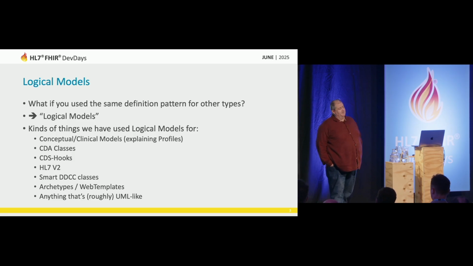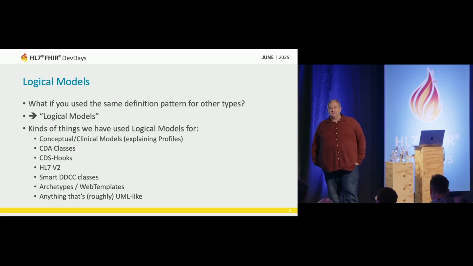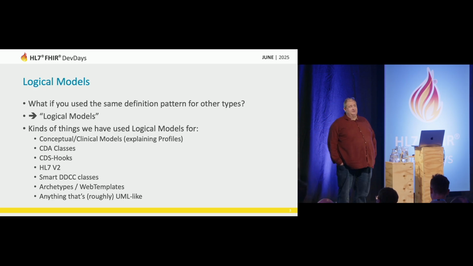I found this week a set of logical models for the SMART or the EU DDCC JSON structures. We have logical models for all the archetypes, OpenEHR archetypes, and for web templates in OpenEHR. And in fact, anything that's even roughly UML-like can be described with a set of structure definitions.